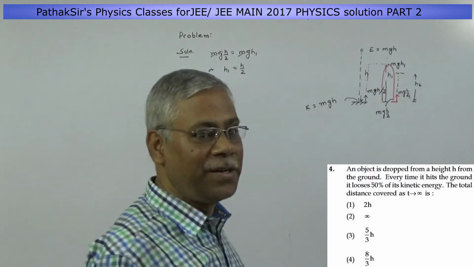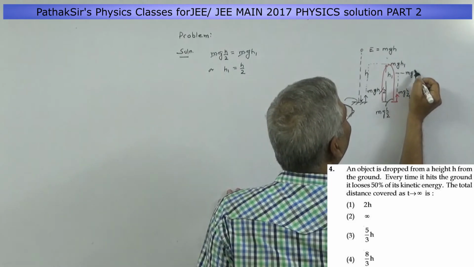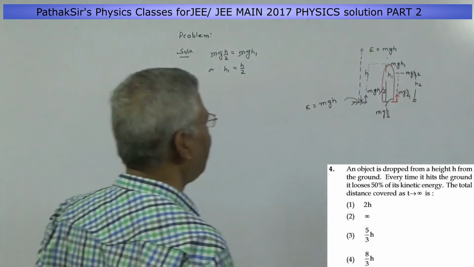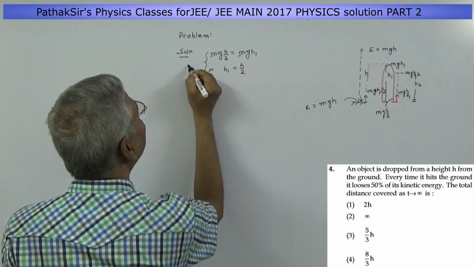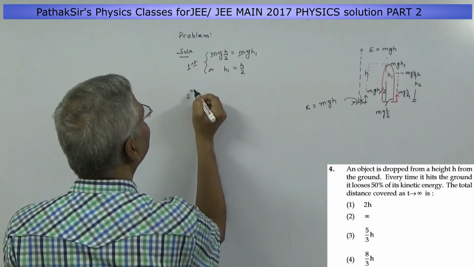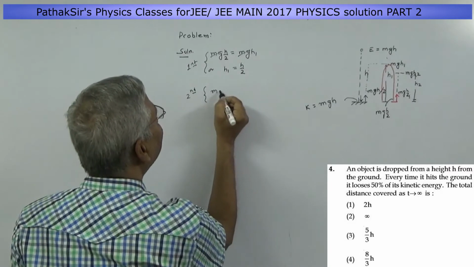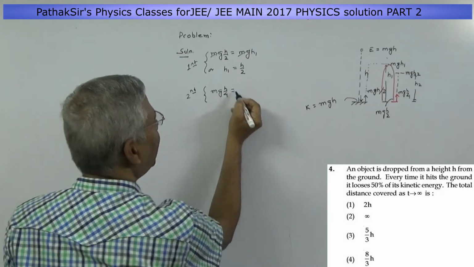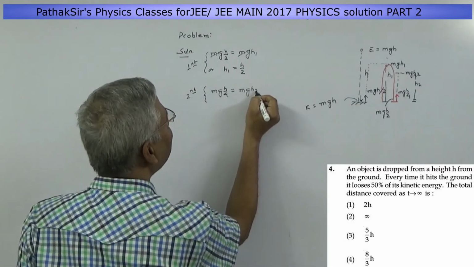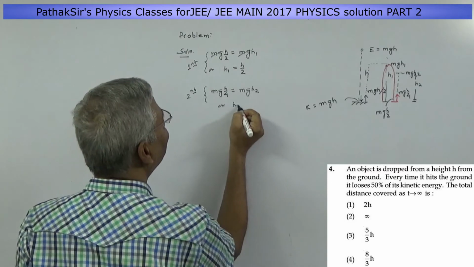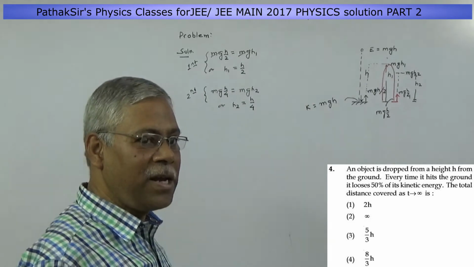At the highest position, the entire energy will be in potential energy form, mgh2. For the second collision, mgh by 4 equal to mgh2, or h2 equal to h by 4.